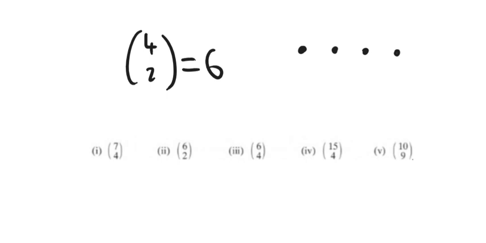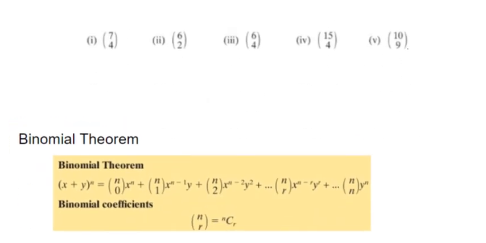These ones here are a little bit harder. So 7 choose 4. If you had 7 objects, how many different ways of choosing 4 would there be? I'm not going to go through all of these because there's loads of them. So you could have 1, 2, 3, 4. That's one way of choosing 4. Then another way would be that one, that one, that one, that one.